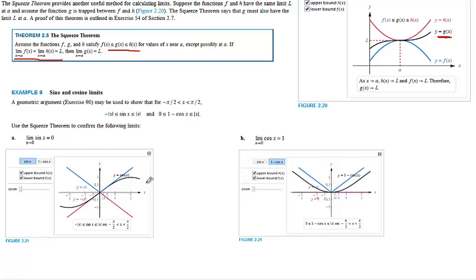So we'll take our sine x function, and I know that the sine x function is always below the absolute value of x, and always above negative absolute value of x.